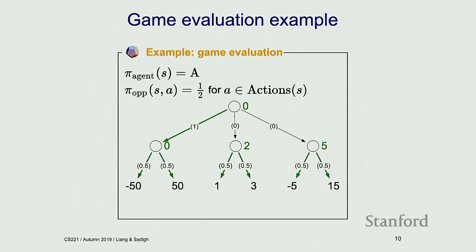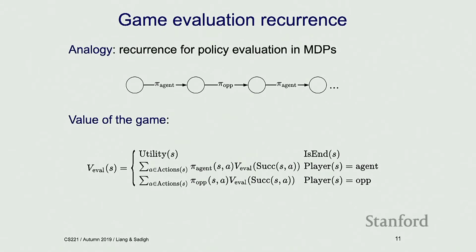We have the utilities at the leaf nodes, but we can compute a value for each of these nodes if I know what the policies are. If I know who is following what policy, I can compute these values and go up the tree. So the value of the start state, when evaluating this particular policy, is equal to 0. Someone gave me the policy, and I evaluated the value of the start state.